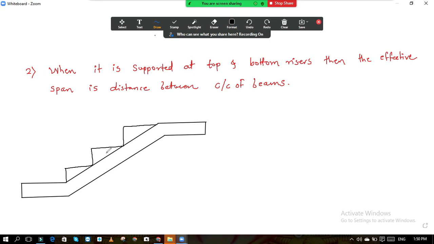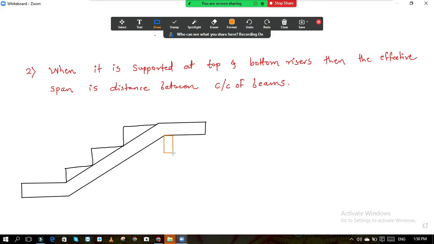So now what they have told us is that it is supported at top and bottom risers. Okay. So the support may be given somewhere here.